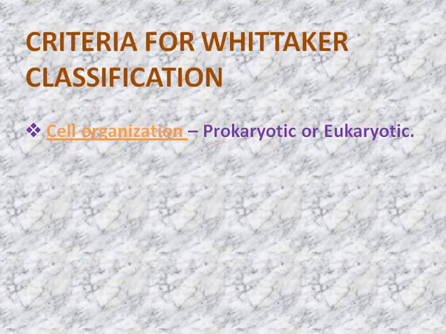Now, what are the criteria which were taken by Whittaker for the classification? First criteria, that is cell organization. Now, how the cell is, whether it is a prokaryotic or eukaryotic. Pro means false, that means the organisms without a proper nucleus. Now, nucleus is the brain of the cell.